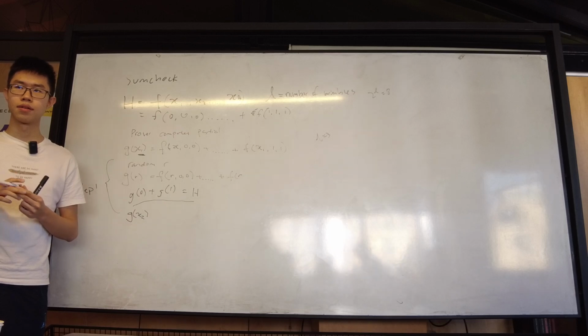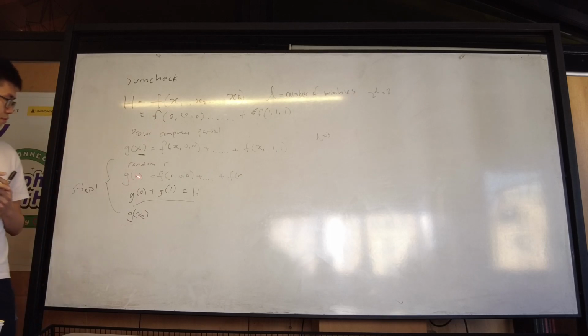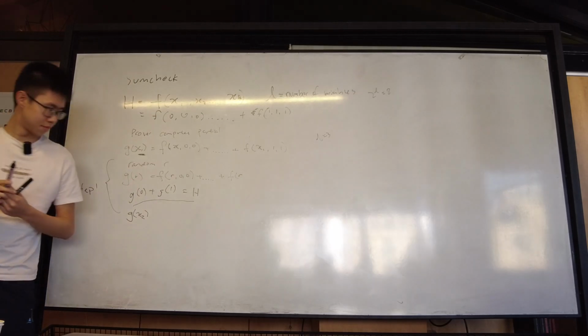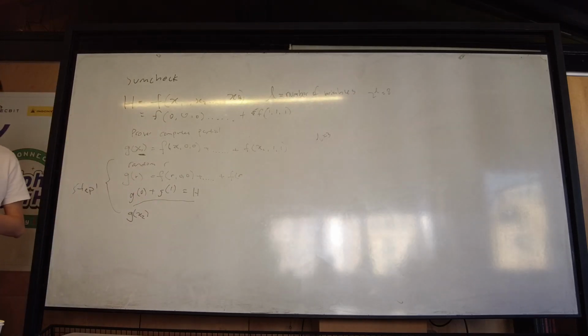By polynomial interpolation, the verifier can evaluate GR using G0 and G1, because Gx is a linear polynomial. So in implementation, the prover does not have to compute it, the prover just sends G0 and G1.